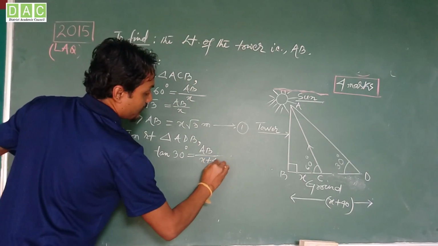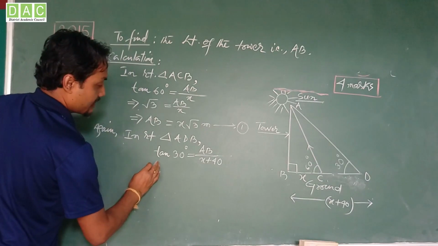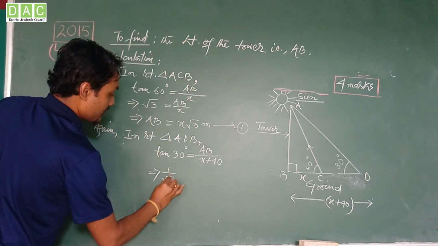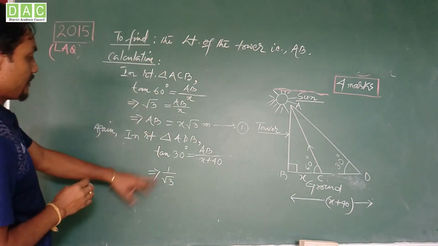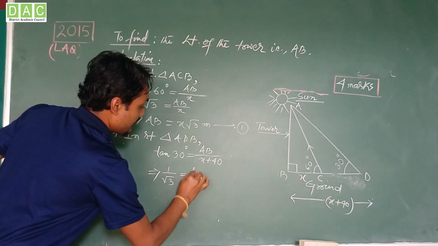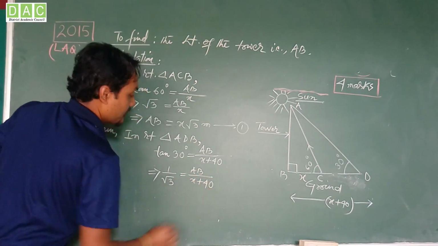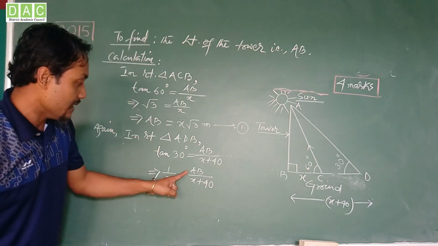Now you know that tan 30 is the reverse of tan 60. In case of tan 60 it is root 3, and tan 30 is the reciprocal of root 3, that is 1 by root 3. Here AB divided by x plus 40. So in the second step you see that AB again comes in the numerator.